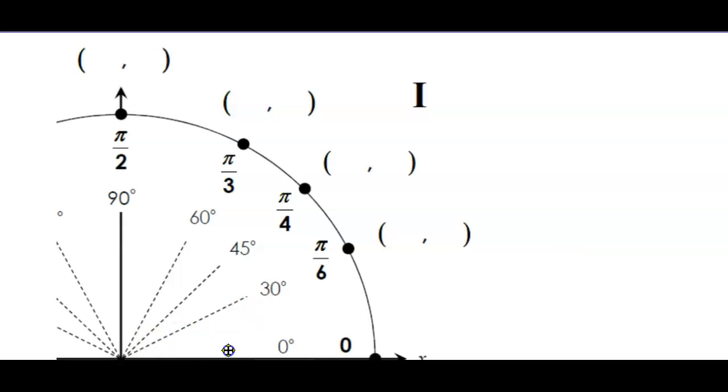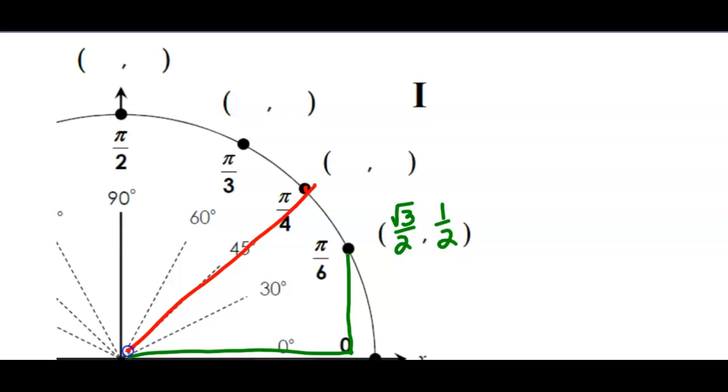So I went over a longer distance and up a shorter distance. The y value is a shorter distance than obviously this x value. When we get to pi over 4, remember that's a 45, 45, 90, so these two legs are the same.